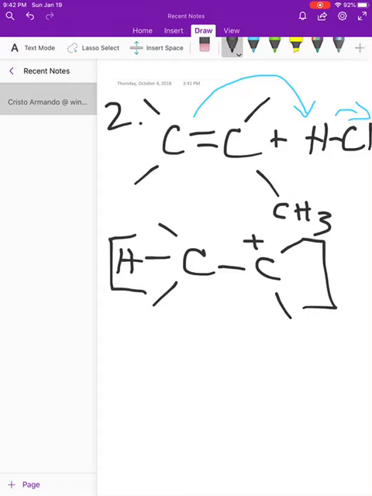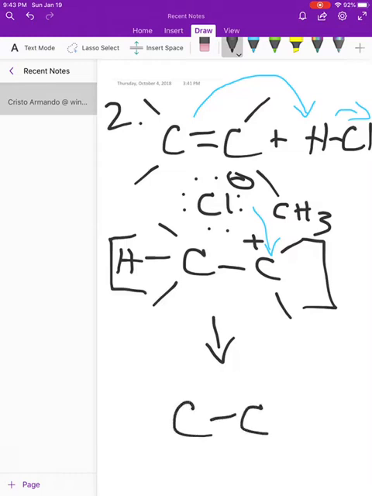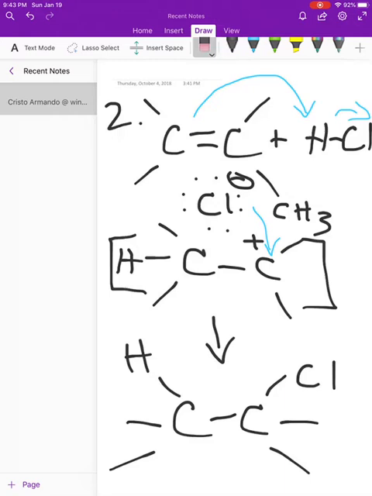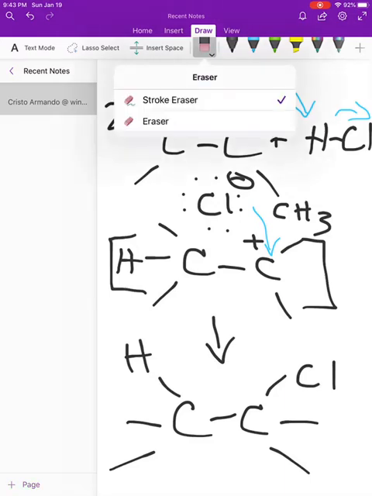We have the same intermediate, and again we have a halogen with 4 lone pairs that's going to add on, and our final product is going to look something like this. Alright, let's go on to our next problem.